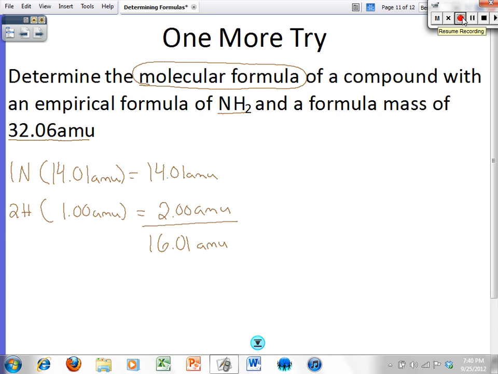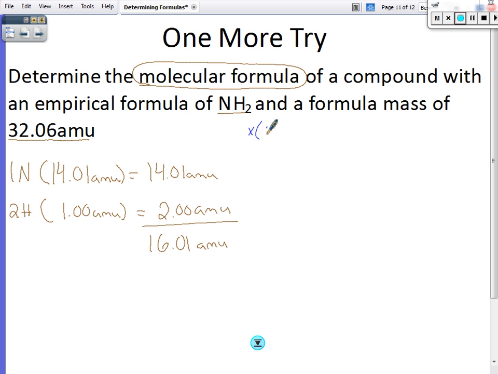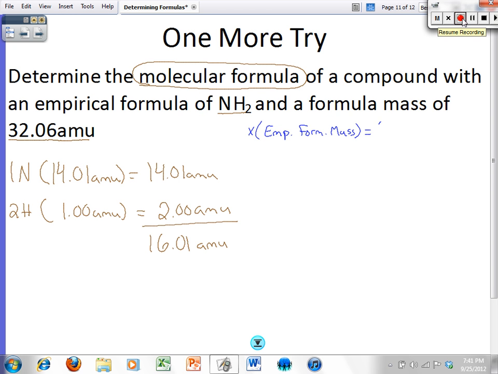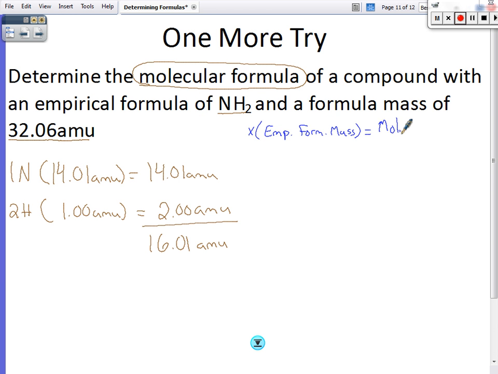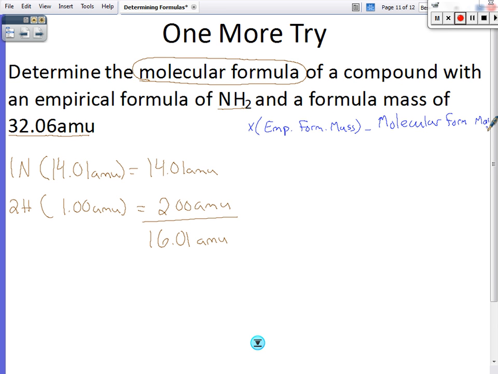Now remember, I have the equation X times empirical formula mass equals molecular formula mass. Alright, so I've got my empirical formula mass, which I have right here, and then I've got my molecular formula mass, which I've got in the problem.